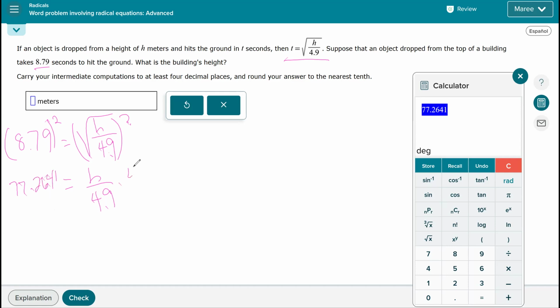We're going to multiply it by 4.9 to get our answer for our height. So we'll come back to our calculator. We'll do times 4.9. There's our answer. Now let's see, we're supposed to round to the nearest tenth. It's always important to know what it says. So 378.6 will be our answer.